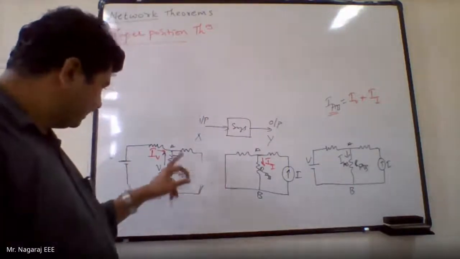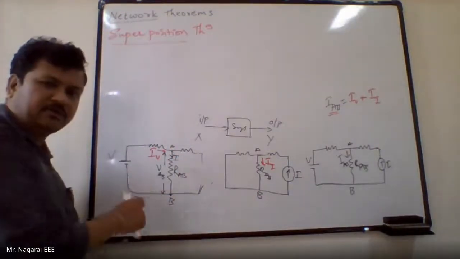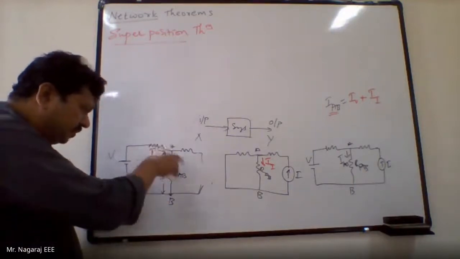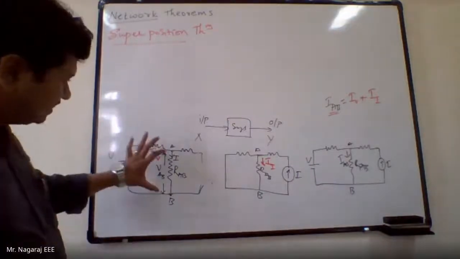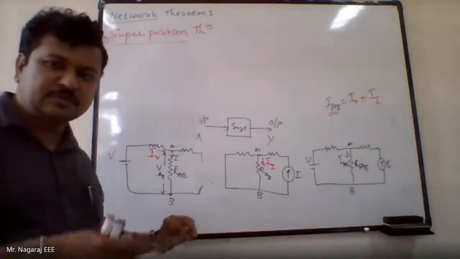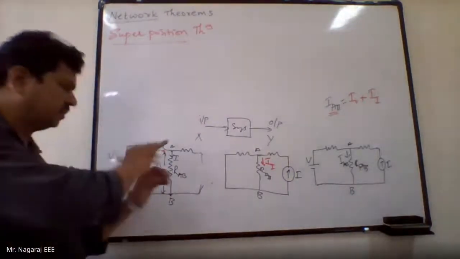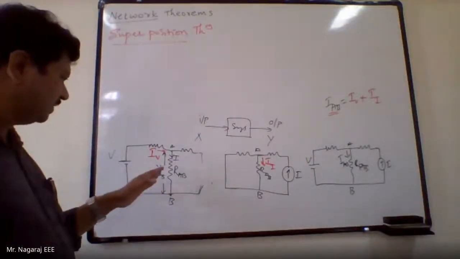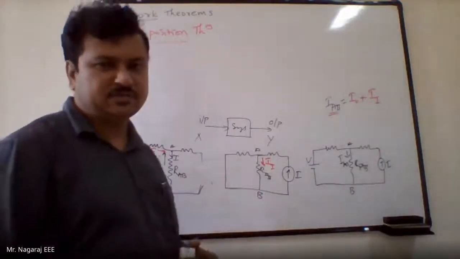Now, if I consider this as my element of interest, then the response at this element is the responses of all the sources superimposed on it, or superposed on it. That is called superposition. So there is the effect of source 1, effect of source 2, effect of source 3, effect of n number of sources present in the network.